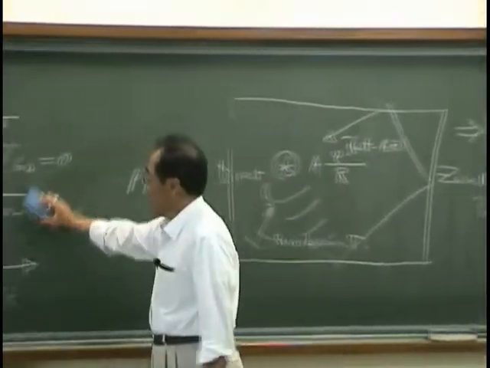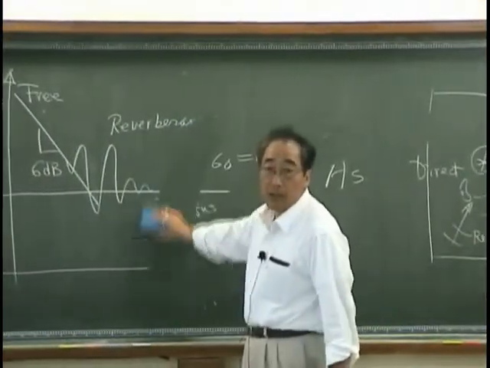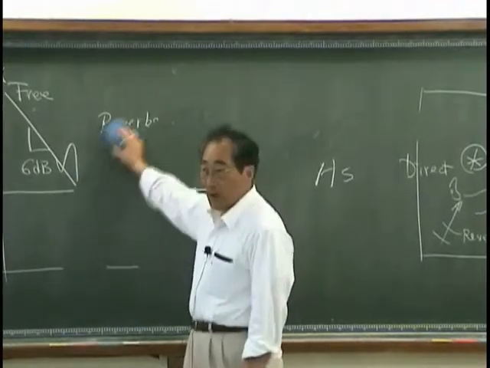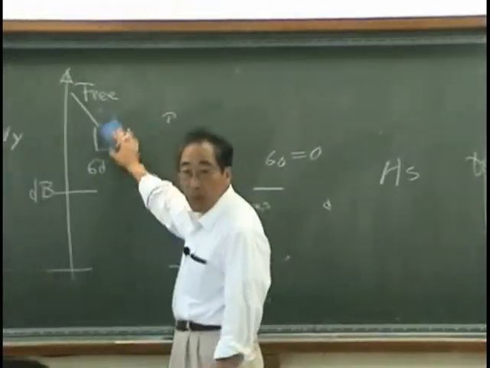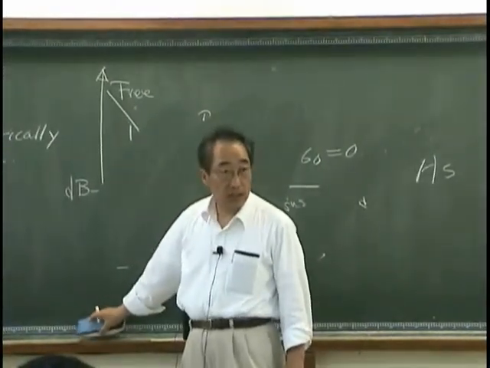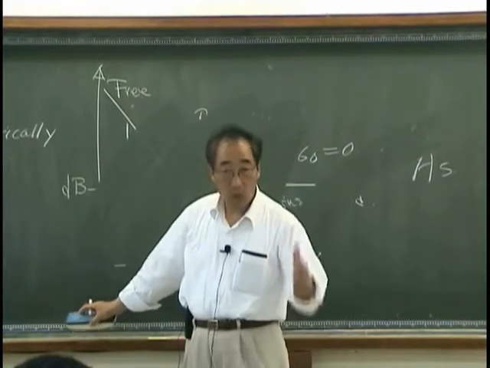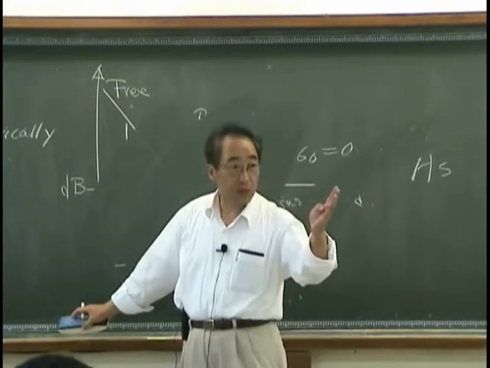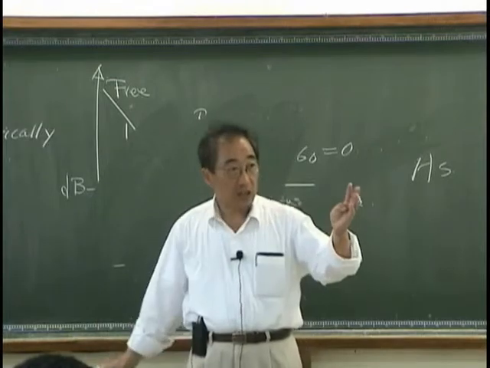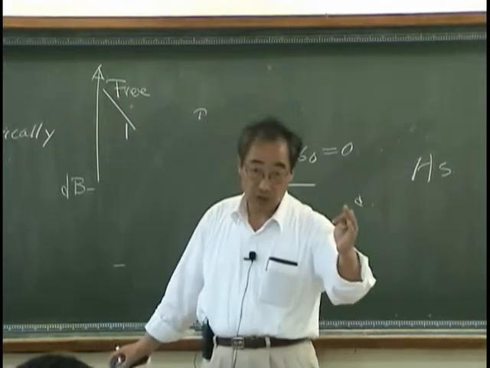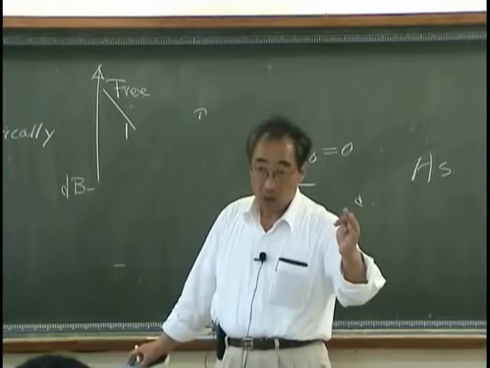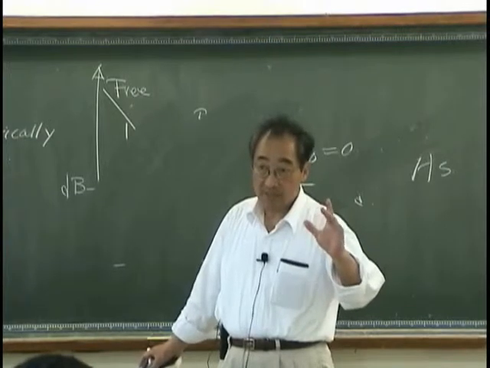Okay, let's summarize what would be the best measure that characterizes the room. One candidate is reverberation period, and the other candidate is radius of reverberation. Those are related.